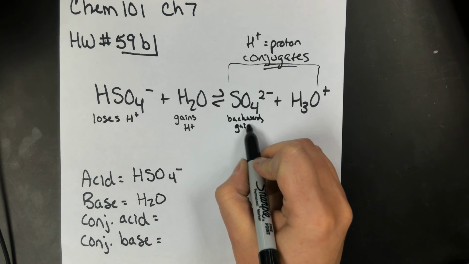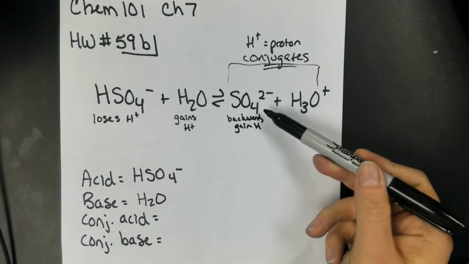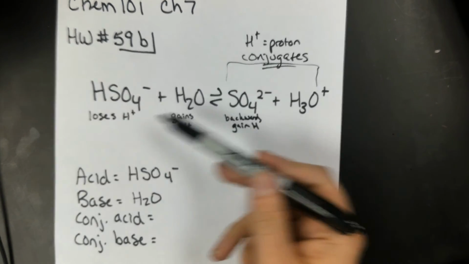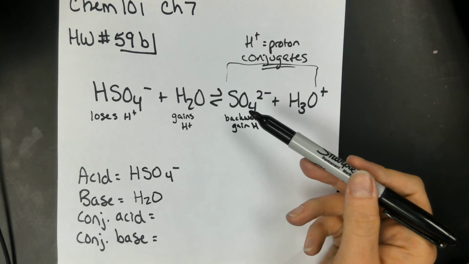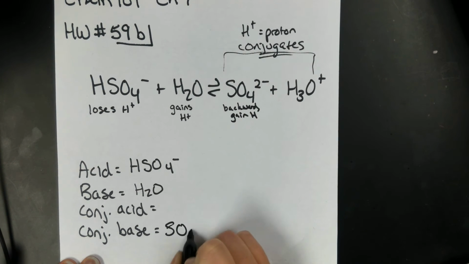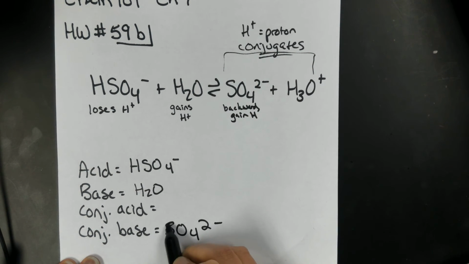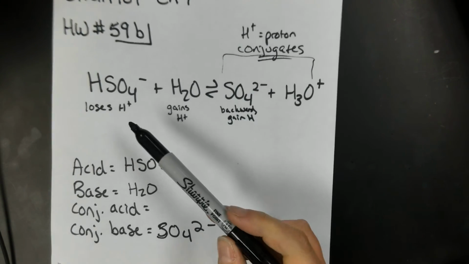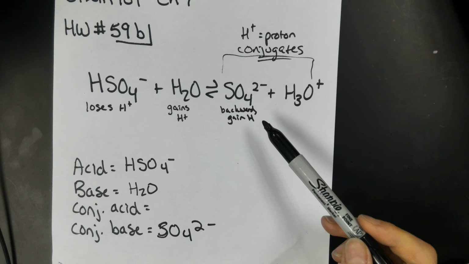We would gain an H to go back. So if you're gaining an H, what does that make you? That makes you a base. So it is a conjugate base. Sorry, that's an S. If we're going backwards, it's a conjugate base.